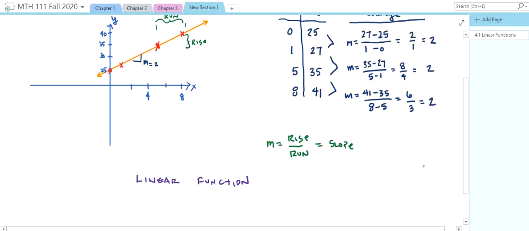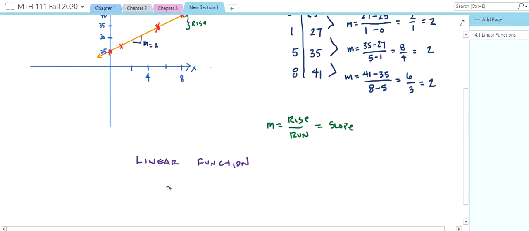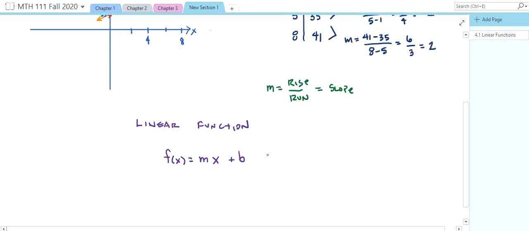Furthermore, I can describe this linear function with this relationship: f of x equals the slope times x plus b. In the case of the problem above, the slope is 2 times x plus b.